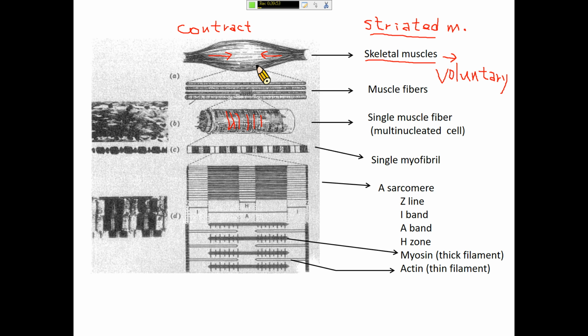And then you see the motor behavior. Sensory nerve, getting stimulus from the skin or some other receptors, getting information and then going to the brain.